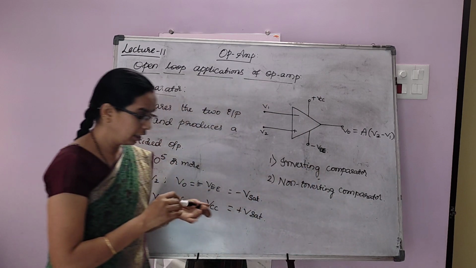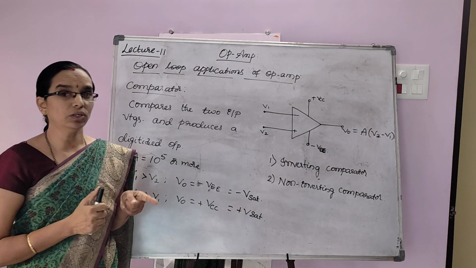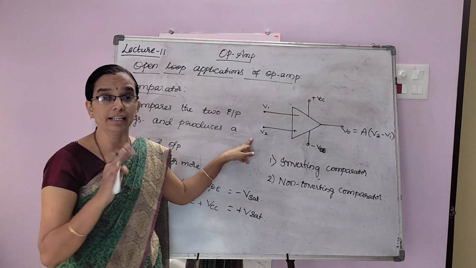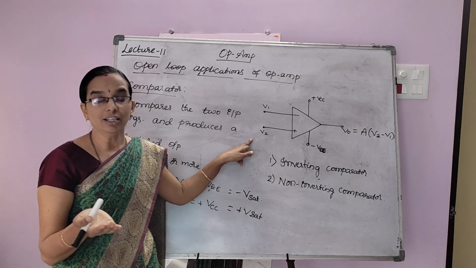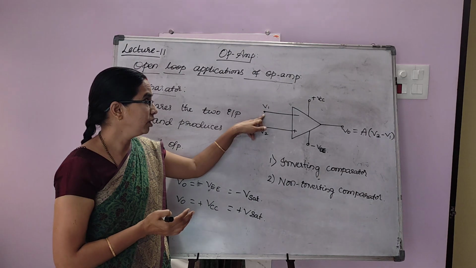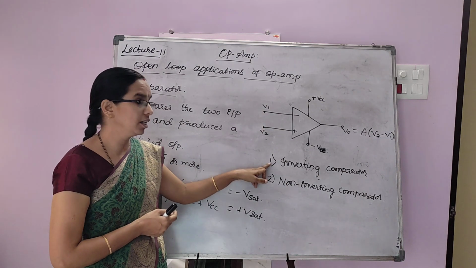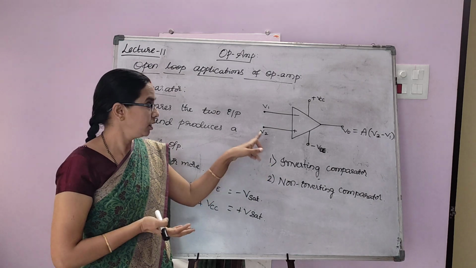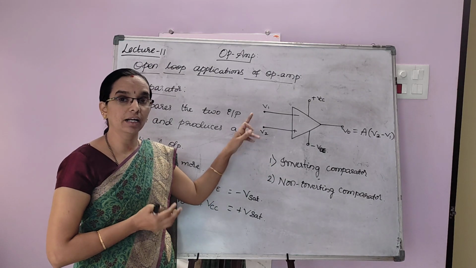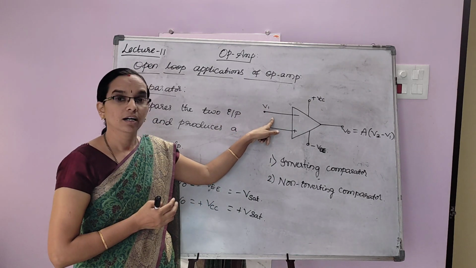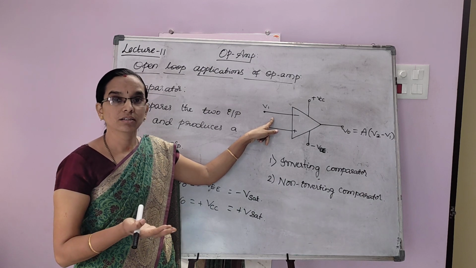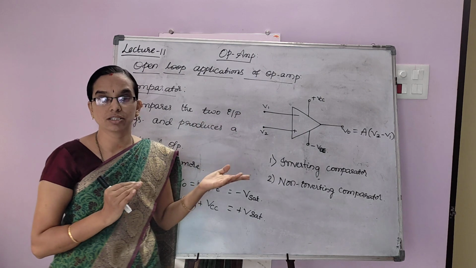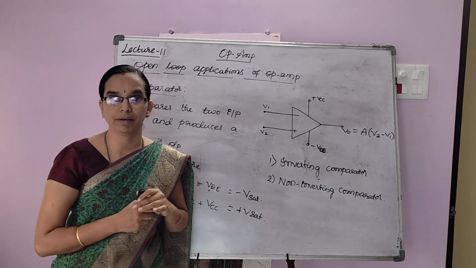If the reference voltage is given to the non-inverting terminal and the input which is to be compared is given to the inverting terminal, then it is an inverting comparator. If the input which is to be compared is given to the non-inverting terminal and the reference quantity is given to the inverting terminal, then it is a non-inverting comparator.